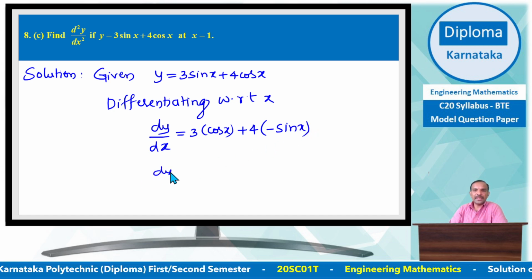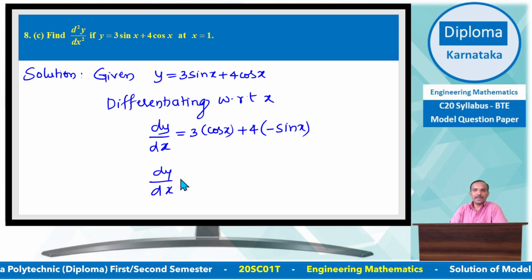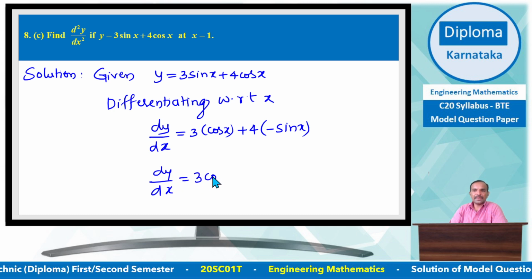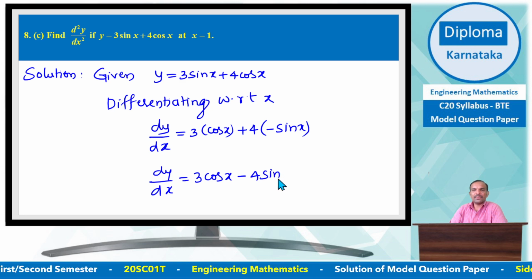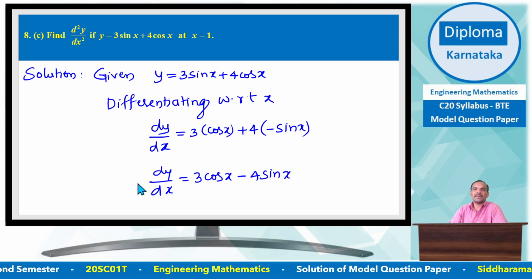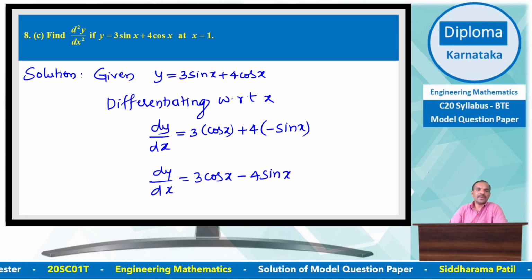Therefore dy by dx equal to 3 cos x minus 4 sin x.